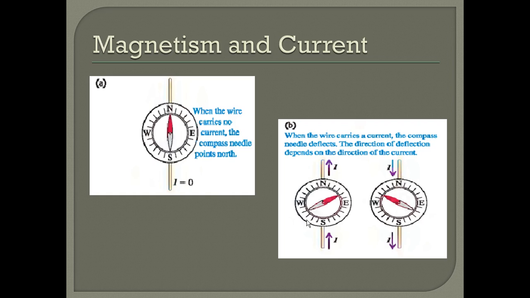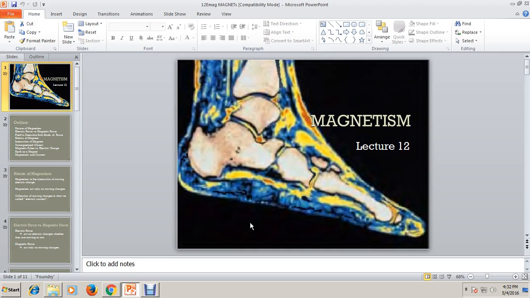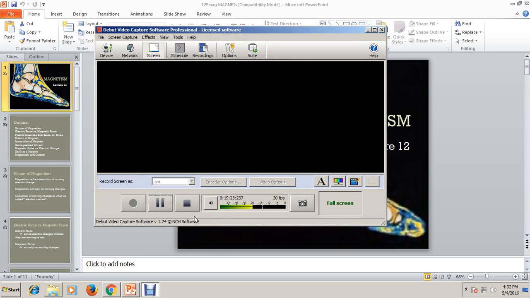Also, Ørsted noticed that when he reversed the direction of the current, the compass needle would orient itself in the reverse direction as before. Okay, so this ends our introduction on basic ideas on magnetism and the connection of magnetism to electricity.